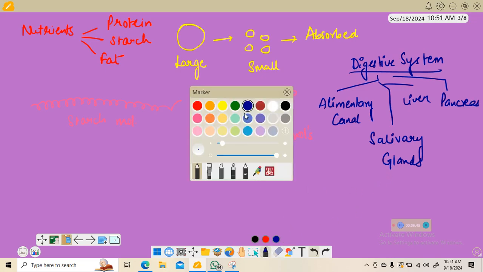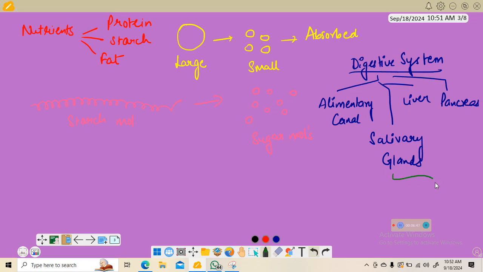These are basically accessory organs, or you can say helping organs. These are not the main organs, but they are required for our digestive system. Accessory means they are necessary in digestion.